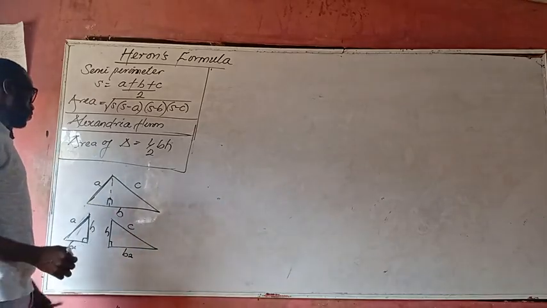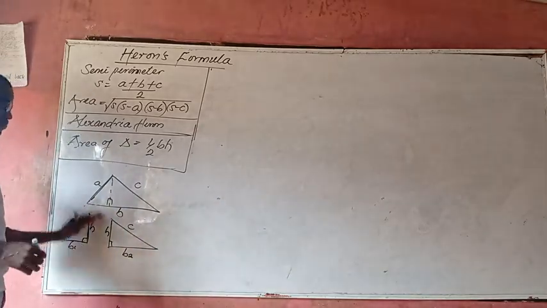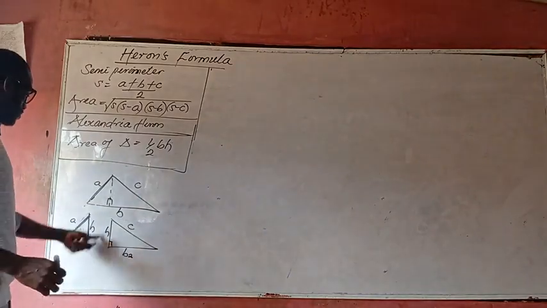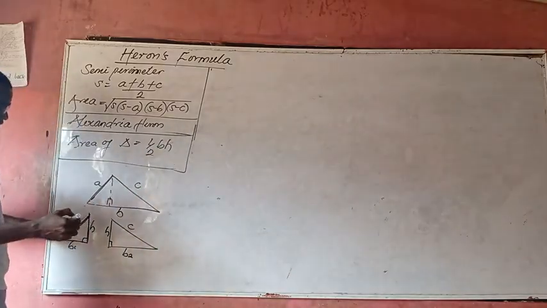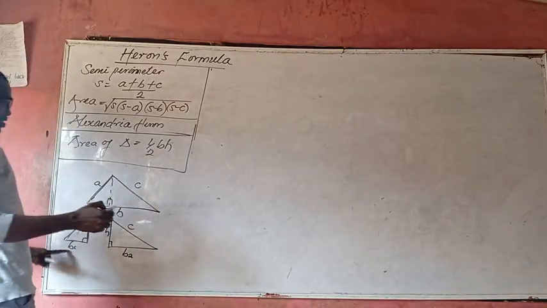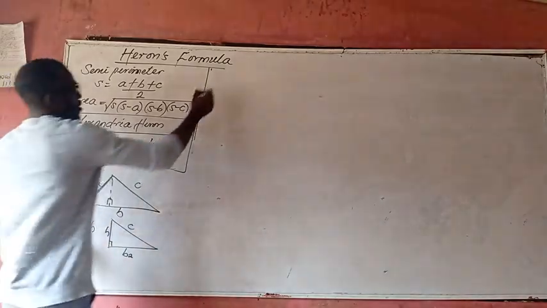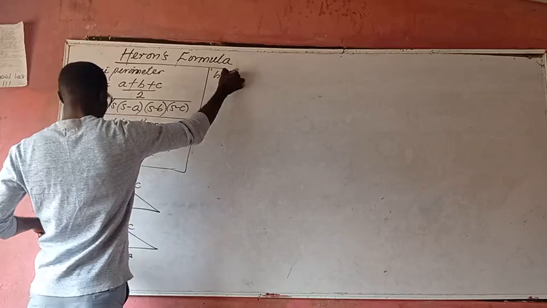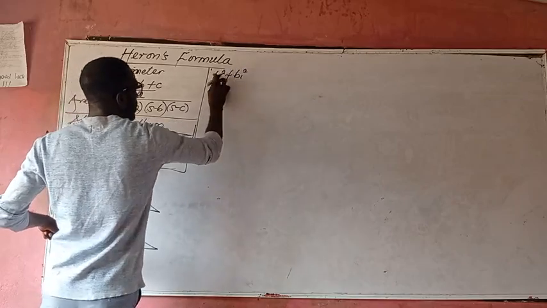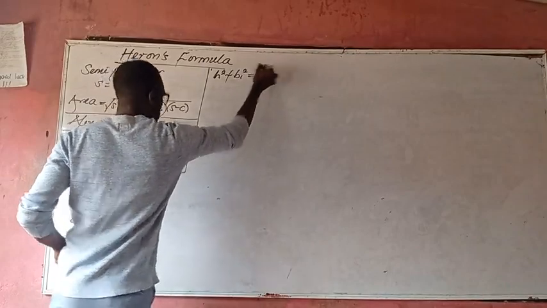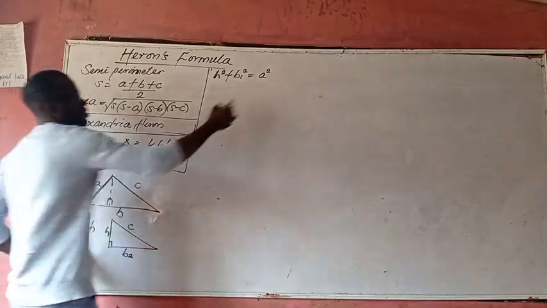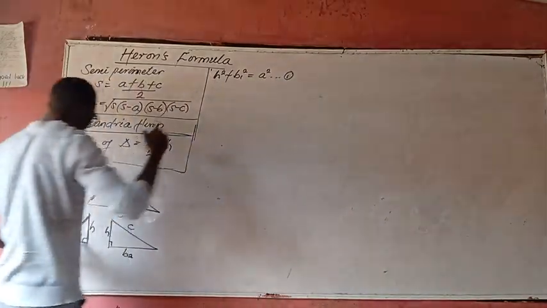All right. So we can now use the idea of what we know with right angle triangles, which is Pythagoras theorem, right? That opposite squared plus adjacent squared is equal to hypotenuse squared, right? So we have H squared plus B1 squared is equal to what? A squared, yes. Right? Let's call this equation 1.